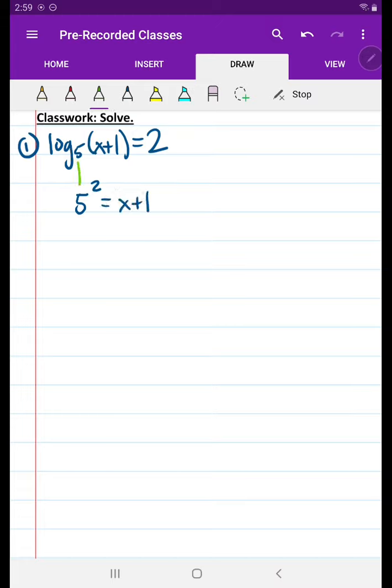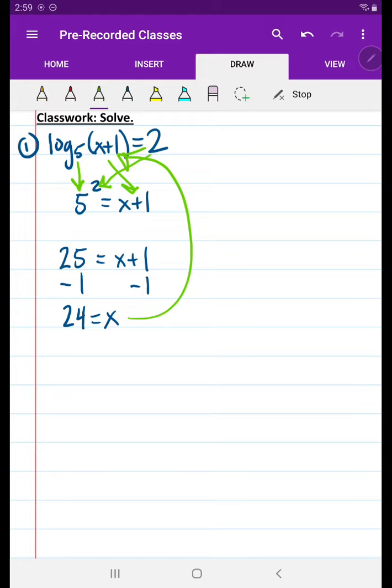So we dropped our base down, and the x plus 1 and the 2 change sides of the equal sign. If we simplify that, we get 25 is x plus 1. We can subtract 1 from both sides, and we get 24 is x. If we were to plug 24 back into the original equation, it would not make our argument negative, so that is our solution, and we're all done.